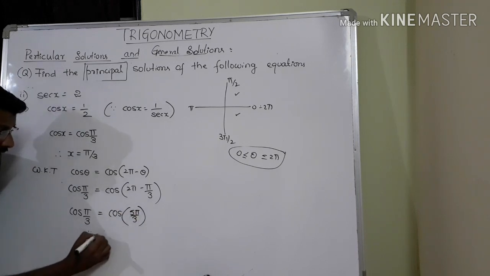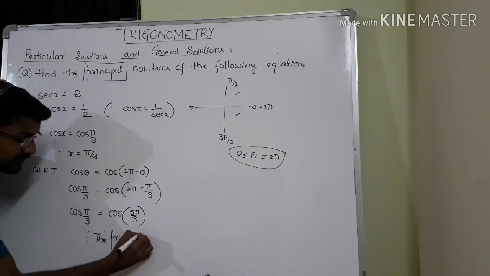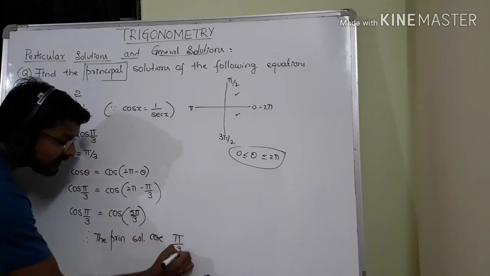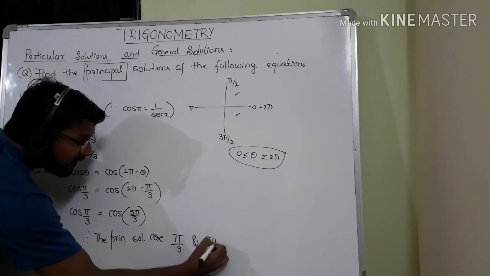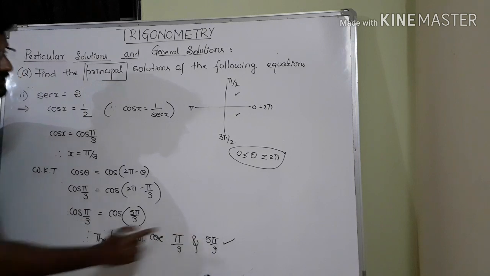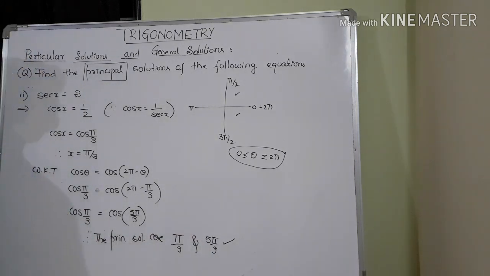So therefore the principal solutions are, one is pi by 3 and the other angle is 5 pi by 3, which is in the first quadrant and this is in the fourth quadrant. Please pause the video to note it down.